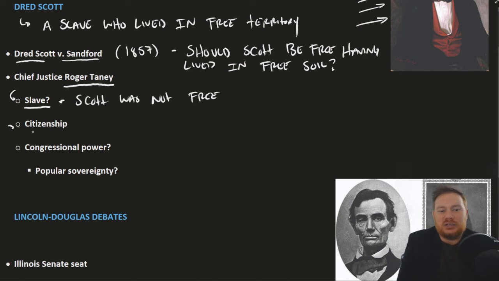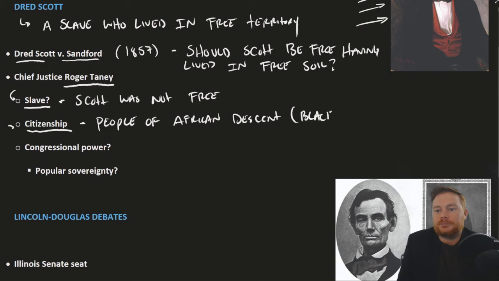In the decision, in terms of citizenship, Roger Taney and the Supreme Court ruled that people of African descent, or Black people, could not be citizens.